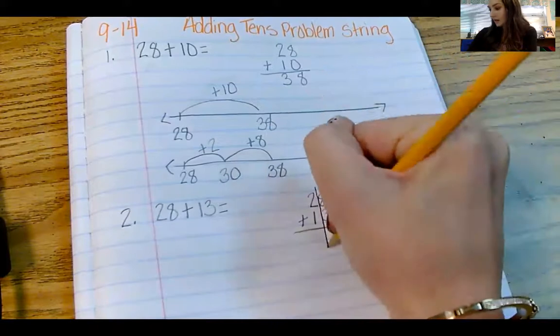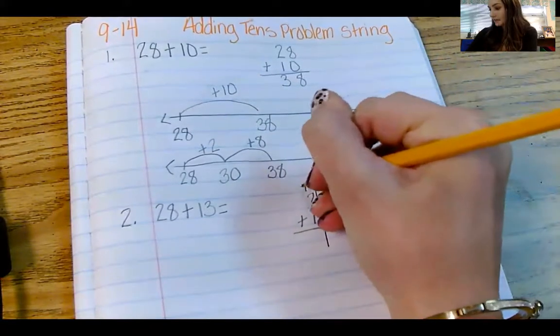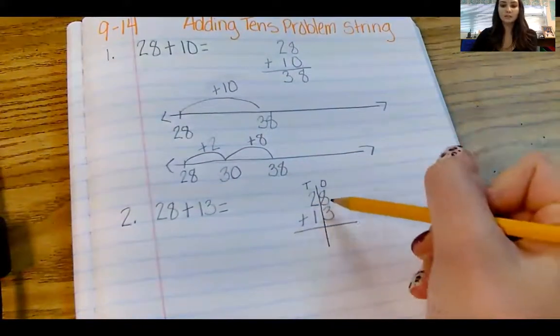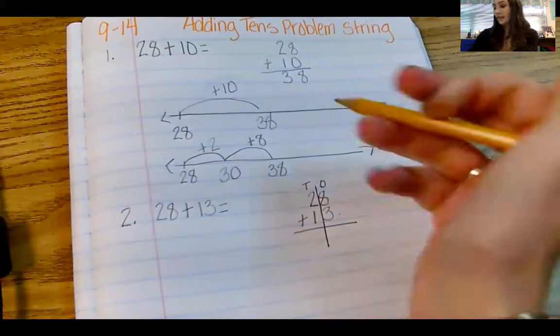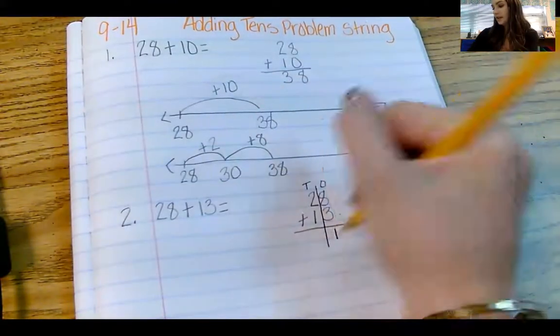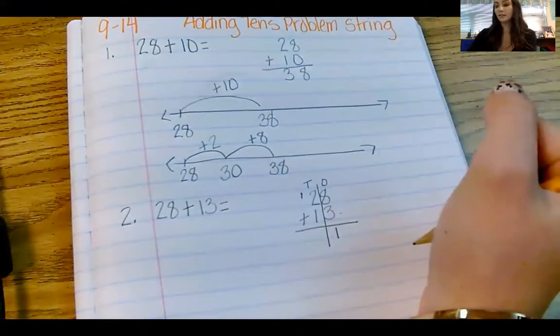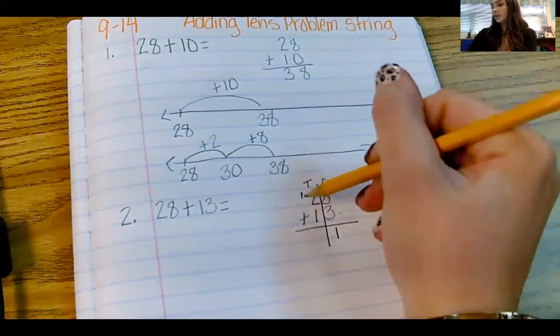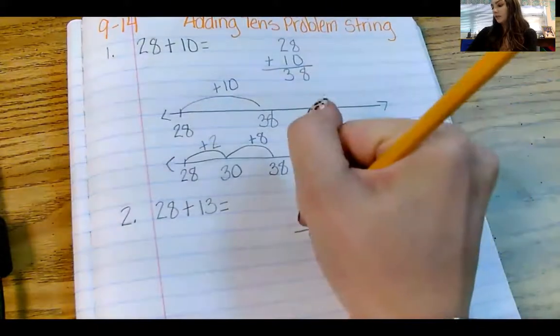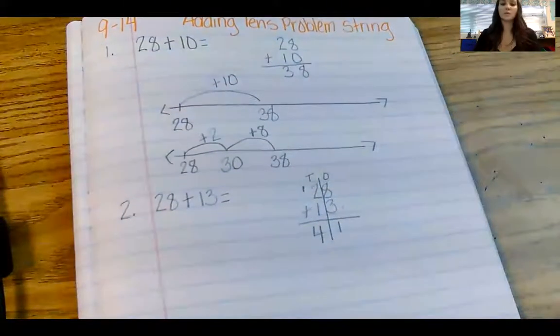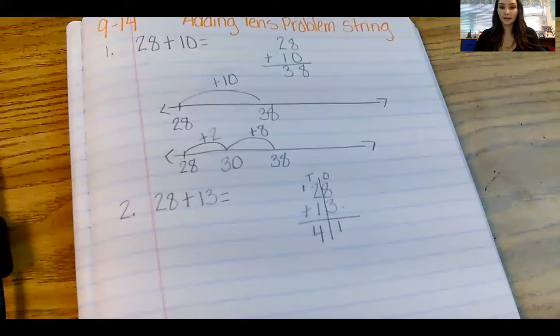I could have my ones and my tens. 8 plus 3 I know is 11. Then I have to carry my 1 or my 10 over to the 10 spot. Then I have 2 and 4. 41. That's how I could stack it like a hamburger.